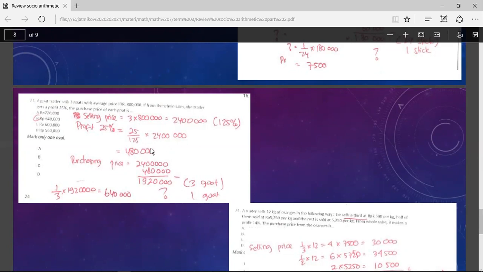Now we can find the profit: 2,400,000 is 125%, and if the profit is 25%, it will be less than the selling price. So 25 per 125, the smaller number on top, times 2,400,000, and it is equal to 480,000.